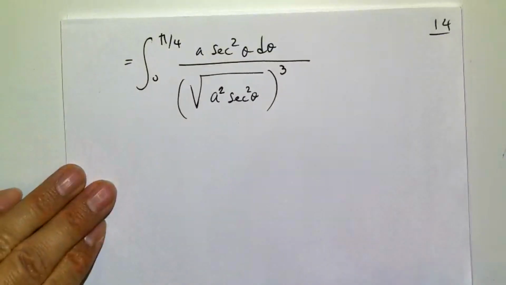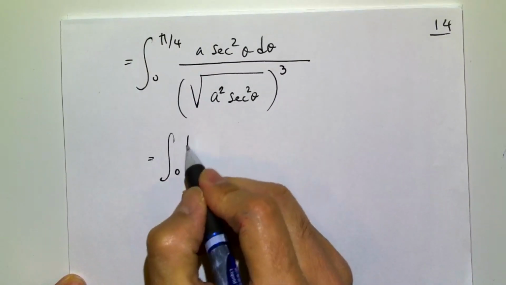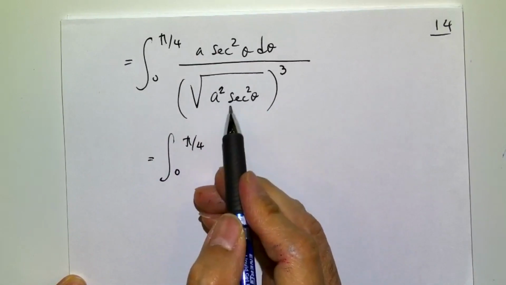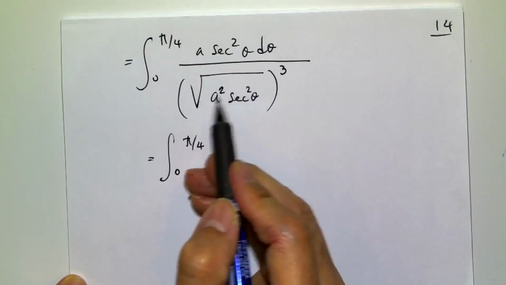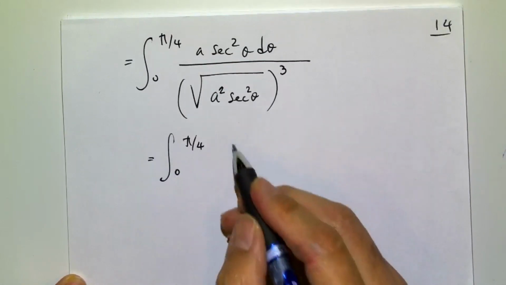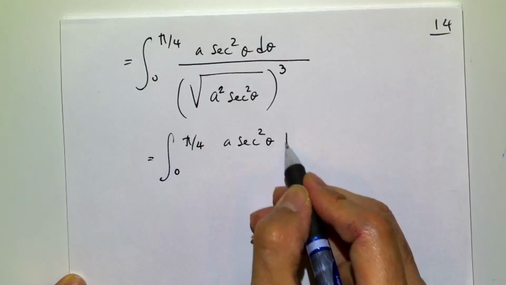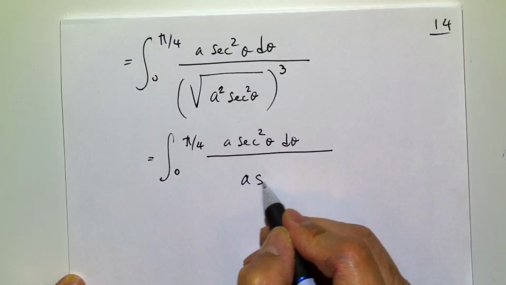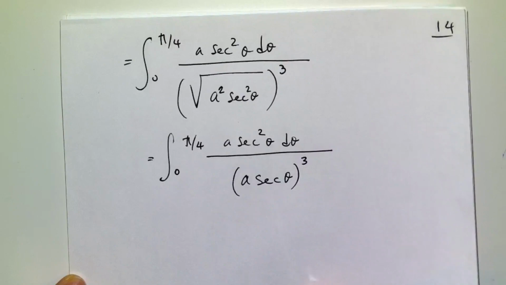So we can simplify this because this is all square root of something. Both terms are squared, so we can remove the root at this point. So we have a secant theta cubed.